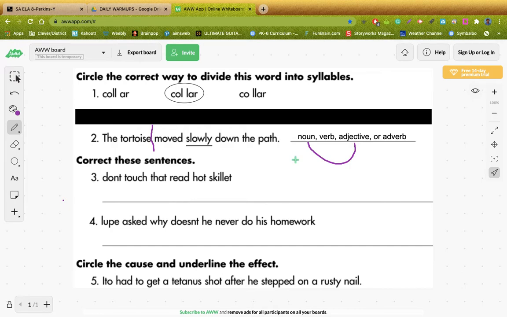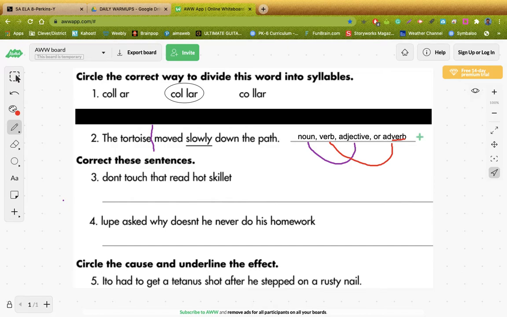Or is it an adverb? Now an adverb is directly related to a verb. So an adverb is connected to a verb. Now if you notice in the word adverb, the word verb is right there. So you got to ask yourself, now first of all, what is an adverb? An adverb describes a verb.